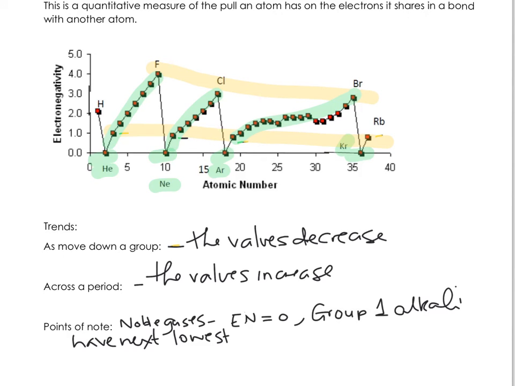So who has the highest values then? So all the halogens are the highest. And who's got the highest value of all? Fluorine. Fluorine's got the highest electronegativity value of 4.0.